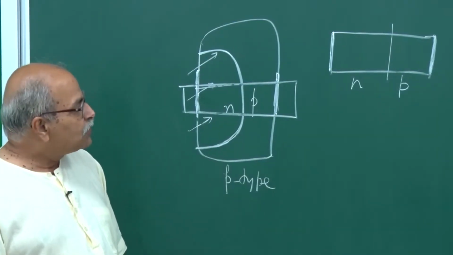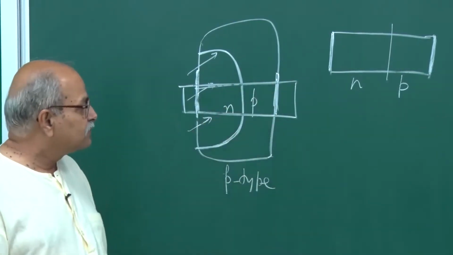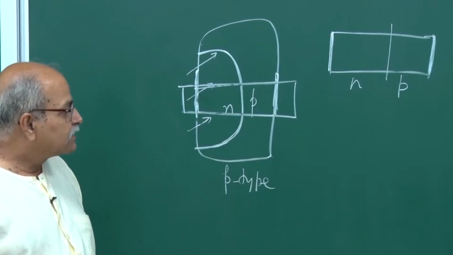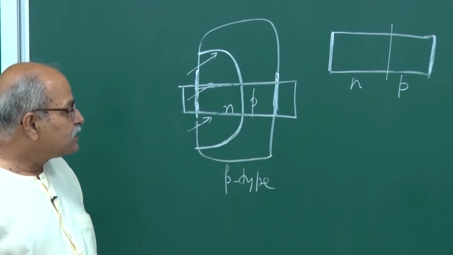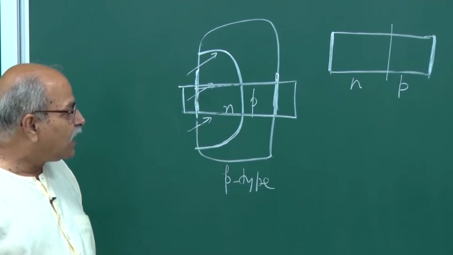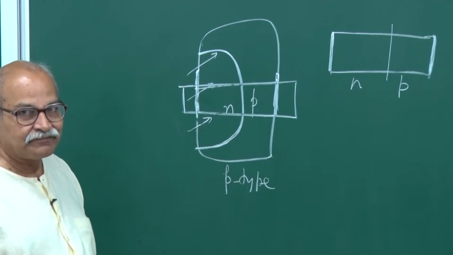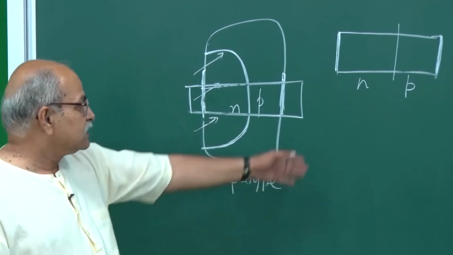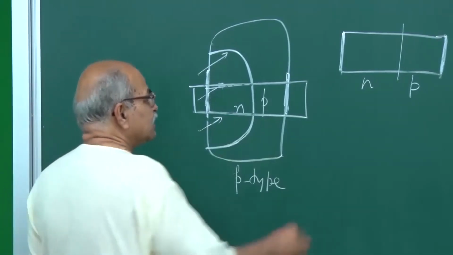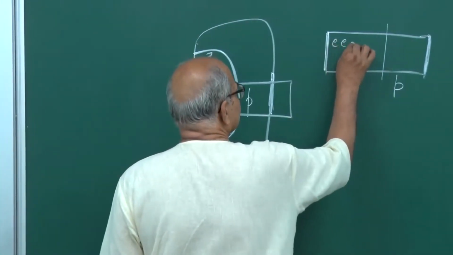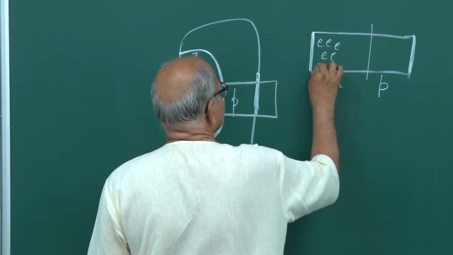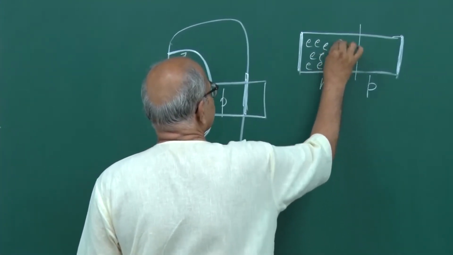Now if you do create this kind of a p-n junction, it is an absolutely unstable situation, because this is N type. What does it mean? It has a huge number of electrons, large number of conduction electrons.